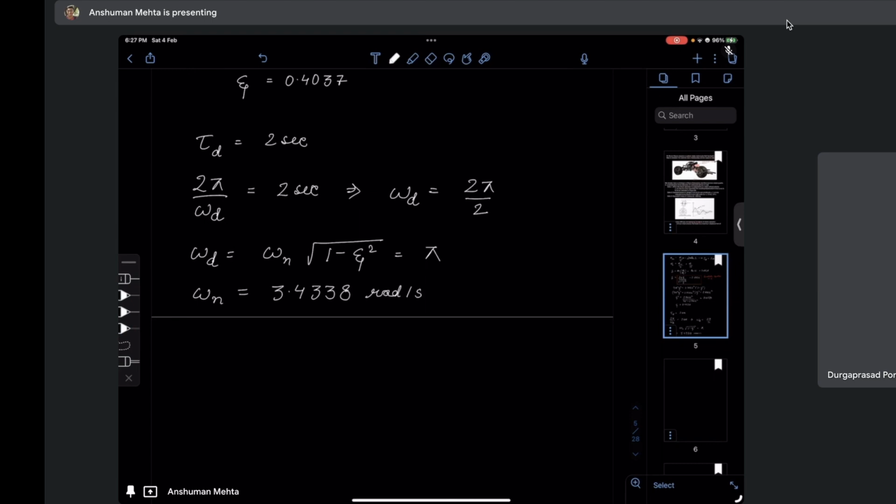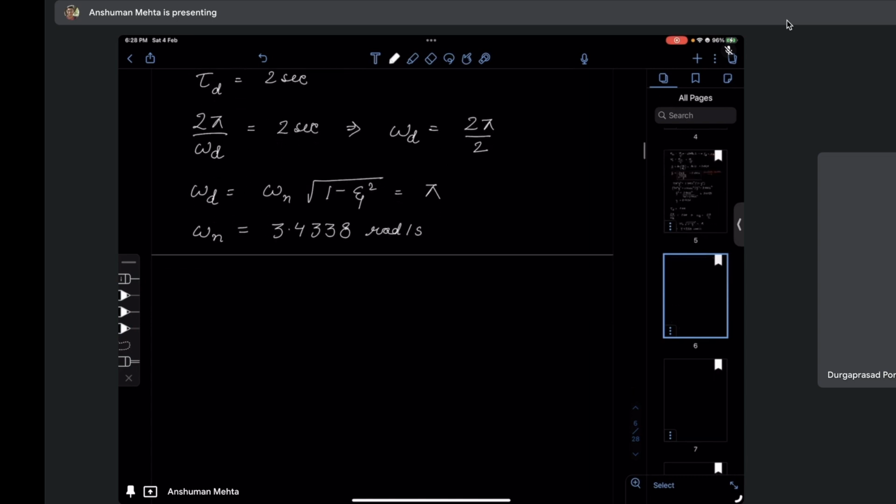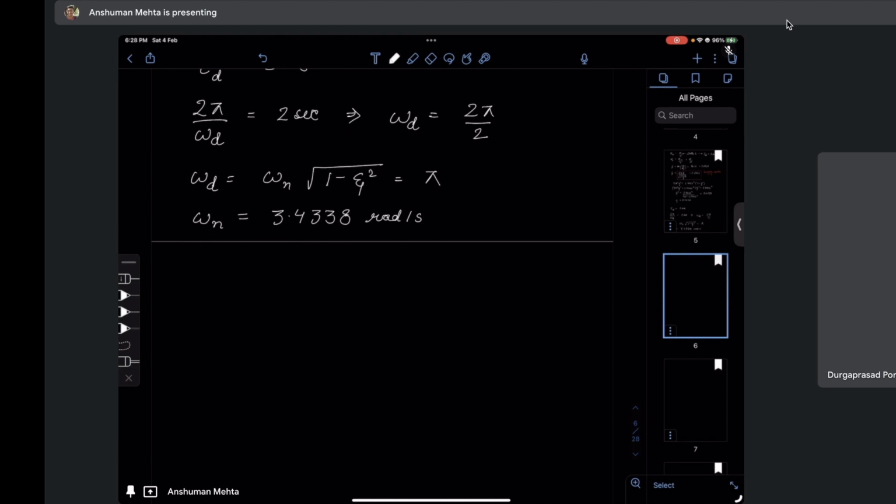Now we need to find k, c and the maximum velocity which it can handle. So let's first write the relationship of critical damping. Critical damping constant, also known as Cc, is equal to 2m omega n.